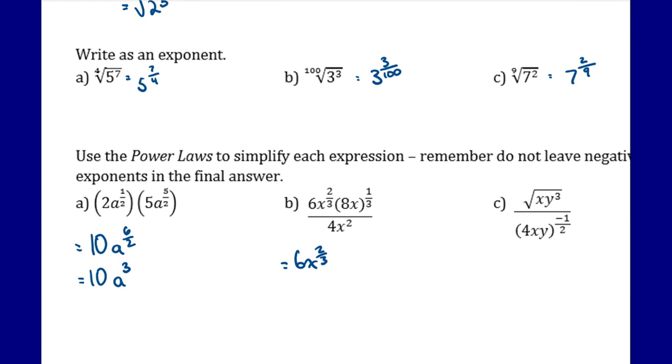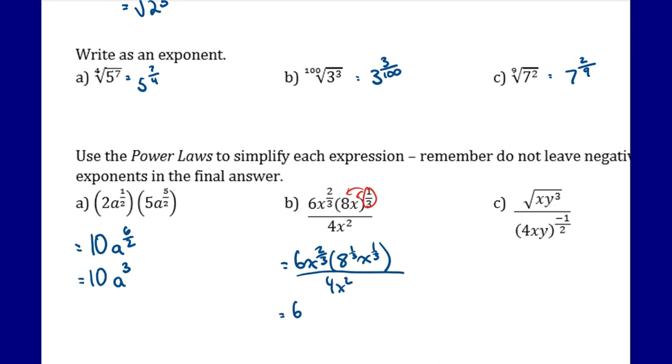For the 8x to the power of 1/3, that 1/3 exponent applies to both parts. So this becomes 8 to the power of 1/3, x to the power of 1/3, all divided by 4x squared.